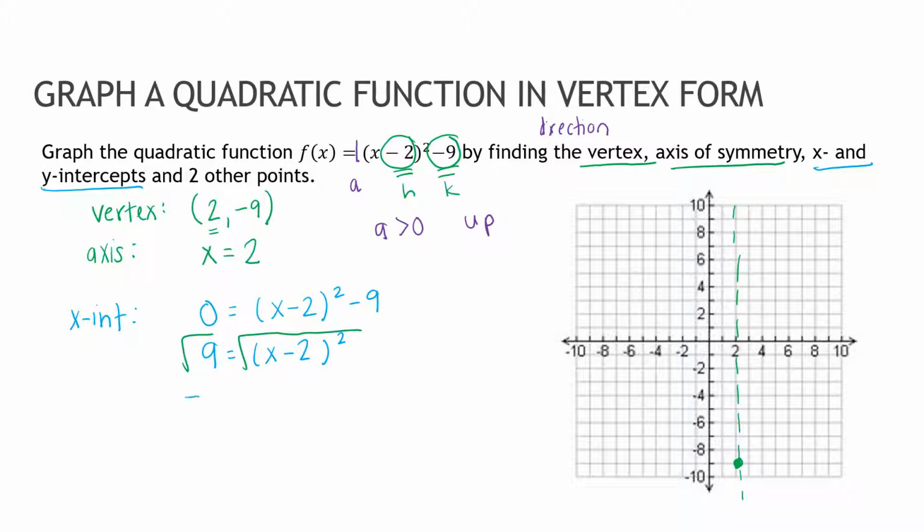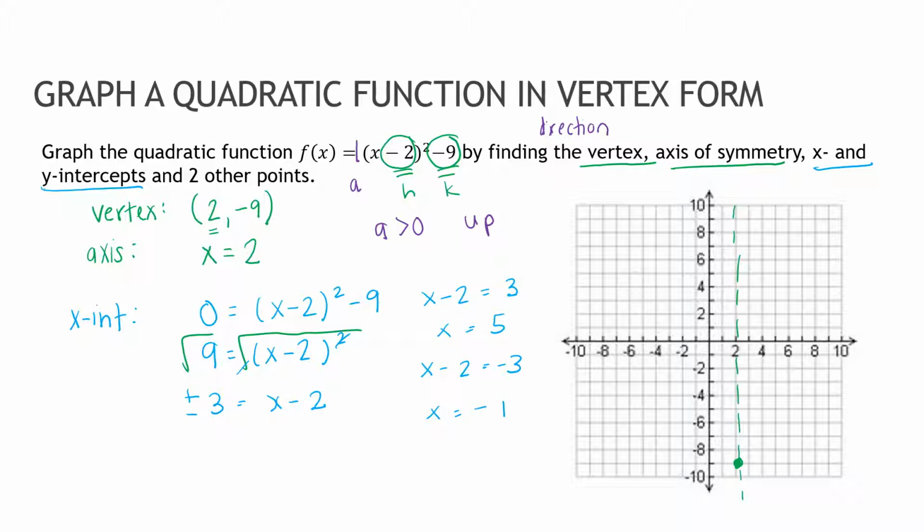When I do, I get plus or minus 3 equals x minus 2, because on this side the square root and the squared cancel. So I get x minus 2 equals 3, or x equals 5. And then I get x minus 2 equals negative 3, or x equals negative 1.